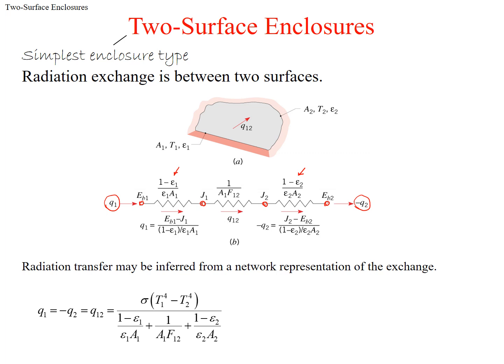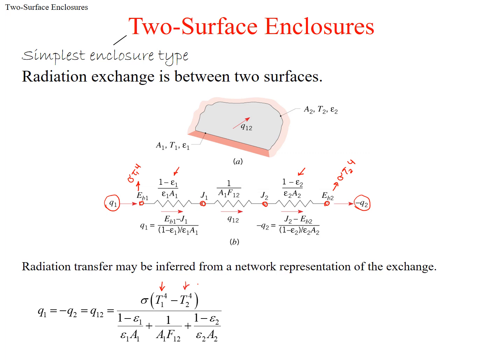So if I want to write the relation for radiation transfer, depending on what nodes you pick, you can calculate the radiation exchange between the two surfaces. You could pick EB1 and EB2, where EB1 is the Stefan-Boltzmann constant times T1 to the power of 4, and this one is the Stefan-Boltzmann constant times T2 to the power of 4, and that's why I have the relations here.